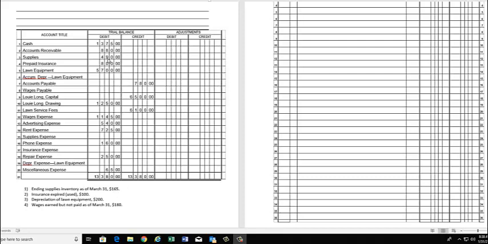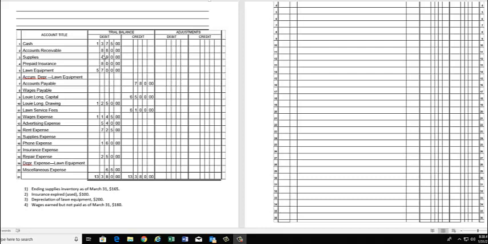So if we purchased $490 over the period and we've only got $165 left, that tells us that we've used up $325 in supplies. If you take $490 and subtract $165, you get $325.